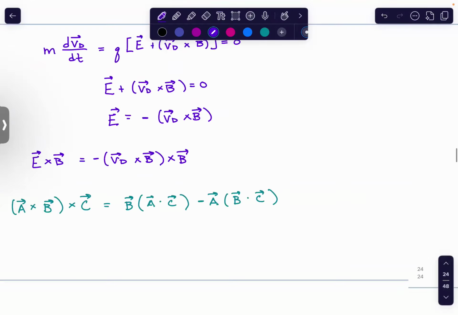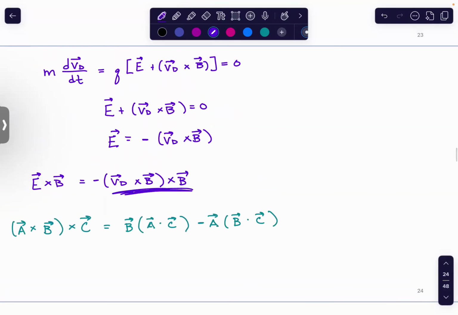Okay, so we're going to do that to this side here.